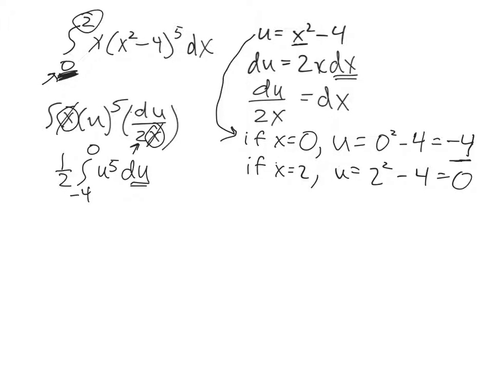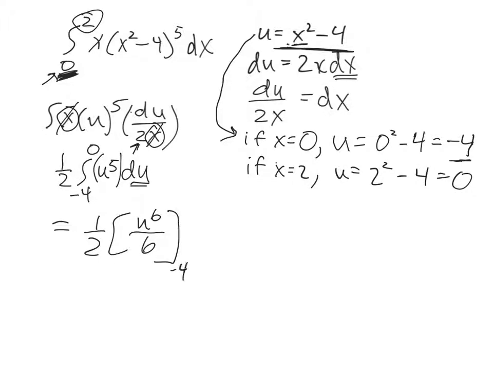We don't have to go back and resubstitute for u to use our fundamental theorem. What we can do at this point is simply find our antiderivative, which again would be u to the 6th over 6, and then we can integrate from negative 4 up to 0.